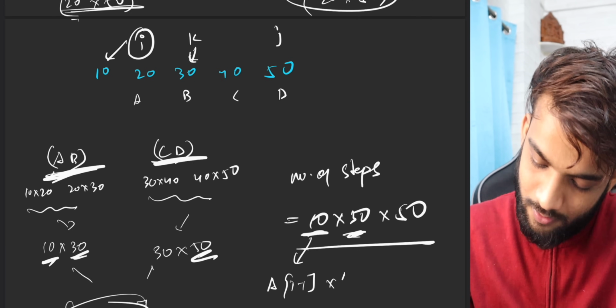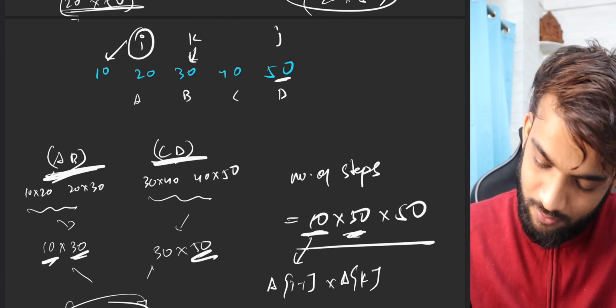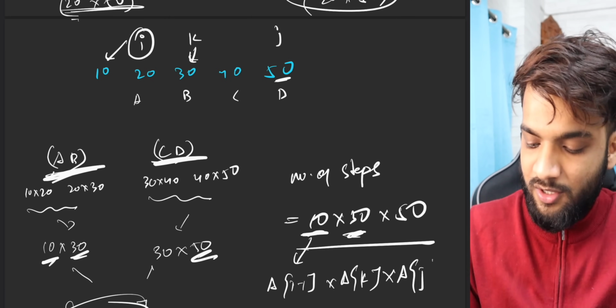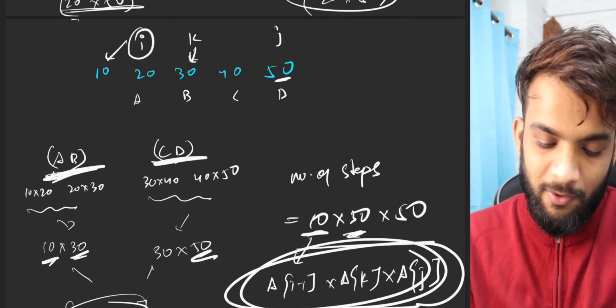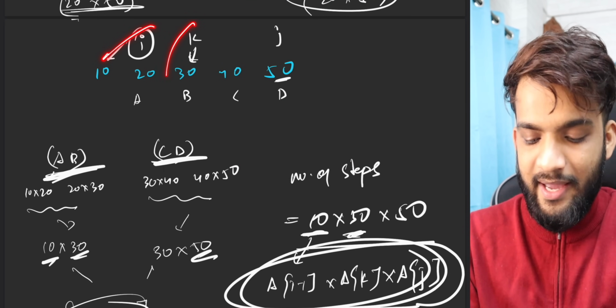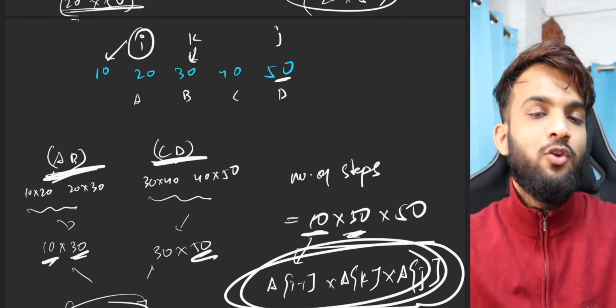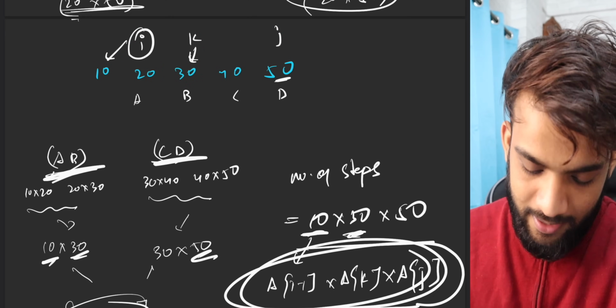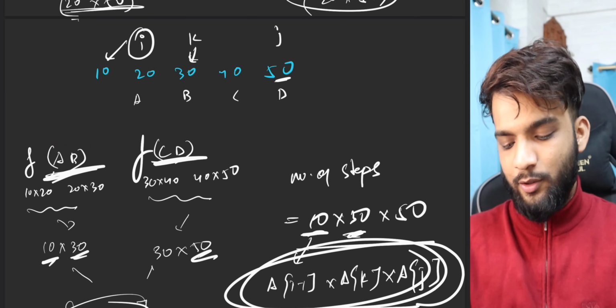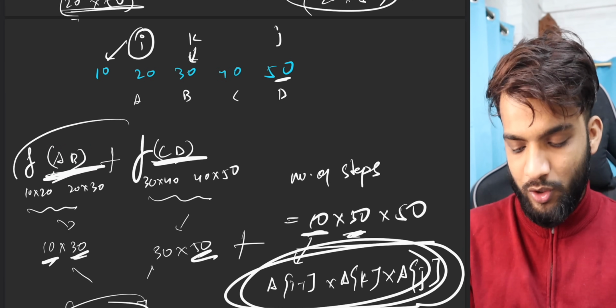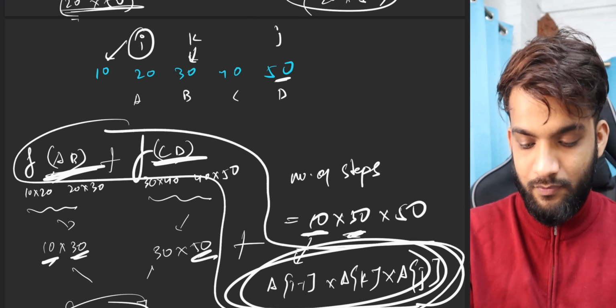A of K. What's 50? A of J. So this is how the number of steps can be easily found. It's just A of I minus 1, K and J. That's what the number of steps will be no matter how you multiply. And what you can do is you can solve this guy by calling the function, and you add this guy. So this will be the total number of steps taken, in short.